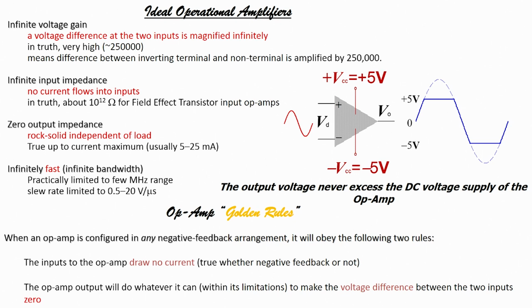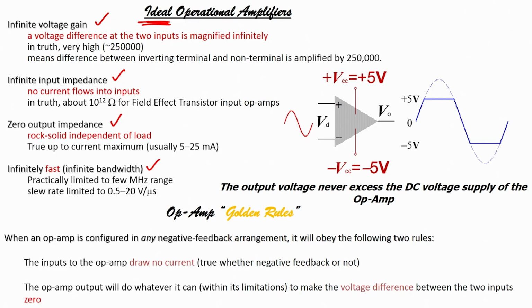It is not infinitely fast, but it is extremely fast, limited to a few megahertz range. These are the cases of practical op amps. The first one, the one that I am taking here, these are all the characteristics of an ideal operational amplifier. Very easy, right.